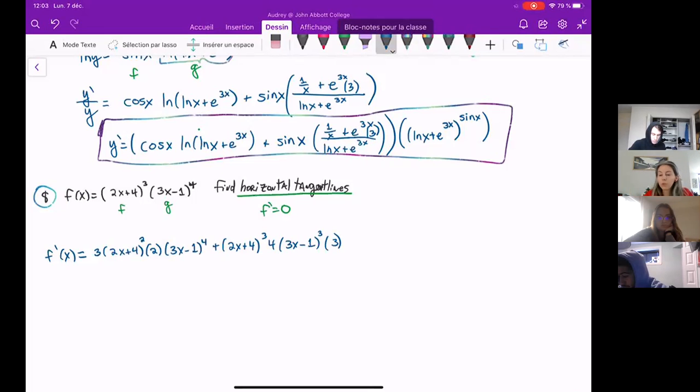And now remember, since we're setting f prime equal to 0, this means we need to simplify. And to simplify, I need my greatest common factor. You guys are going to tell me privately in the chat, what is my greatest common factor here?